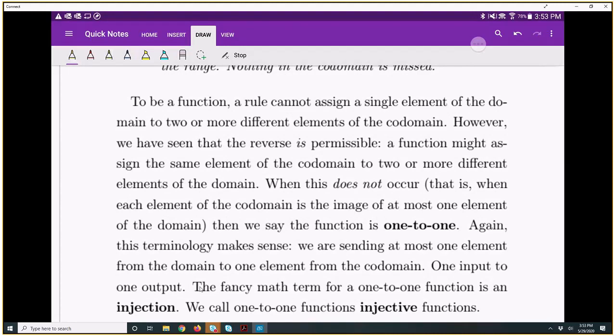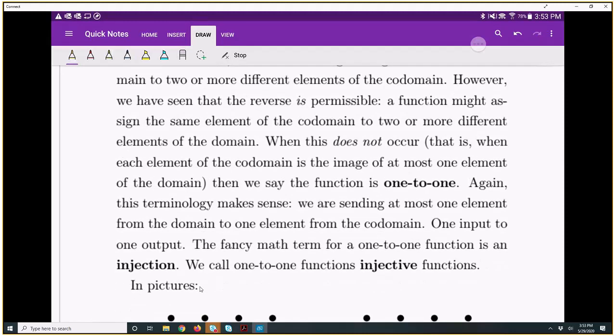So it's important to make this distinction that in order to be a function, a rule cannot assign a single element of the domain to 2 or more different elements of the codomain. However, it is permissible in reverse. A function may assign the same element of the codomain to 2 or more images in the domain.